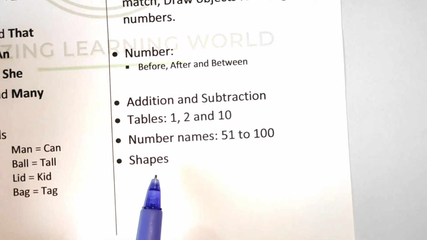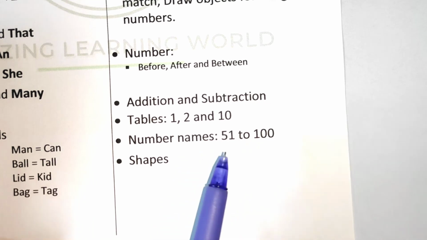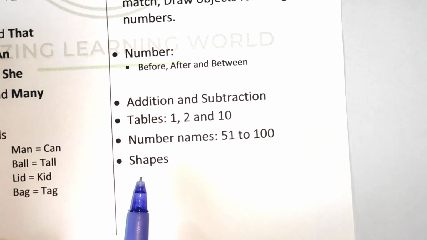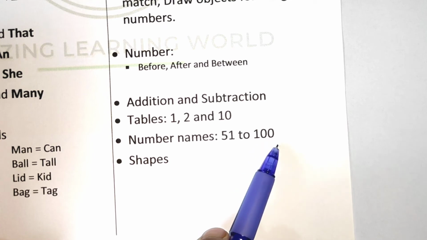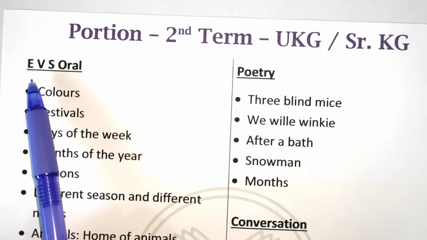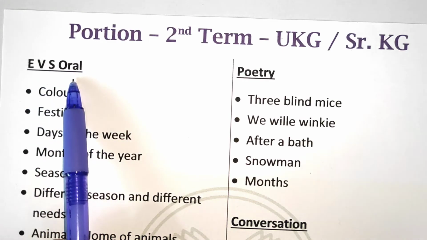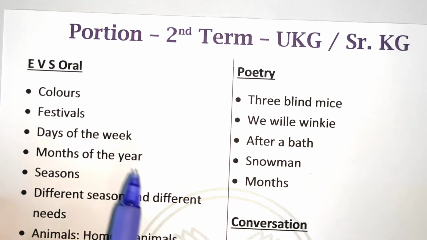We have already number names 1 to 50 in the first term, and in the second term we will learn and write number names 51 to 100. There will also be shapes in written.